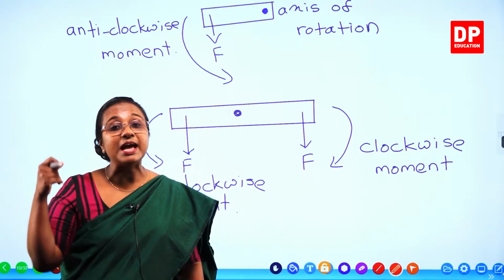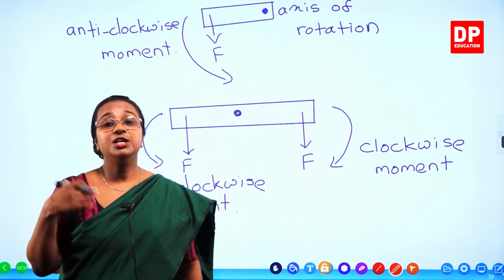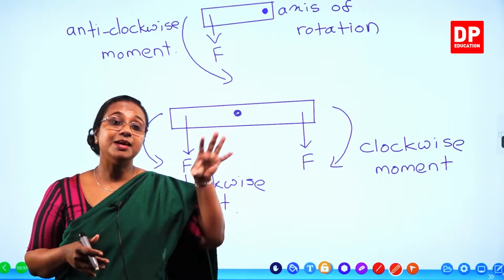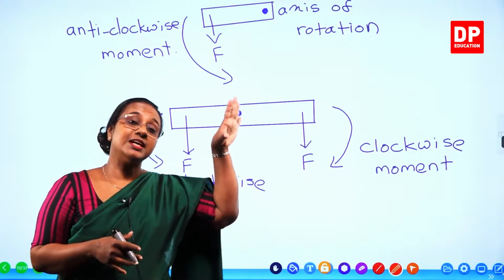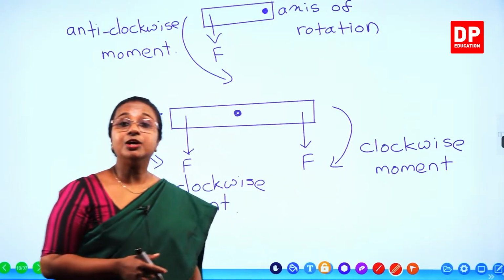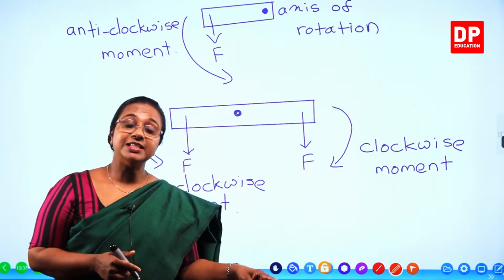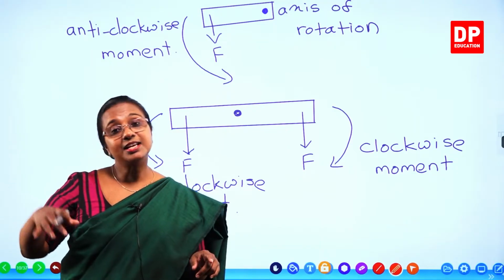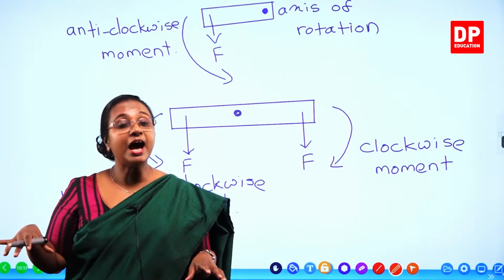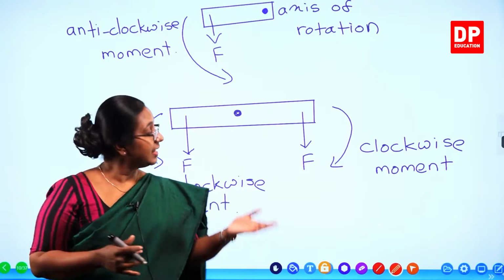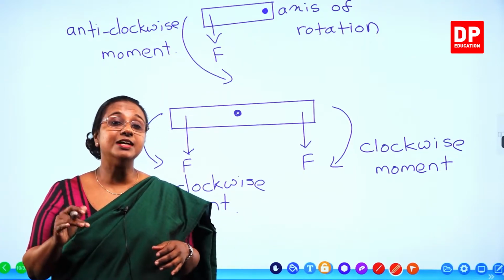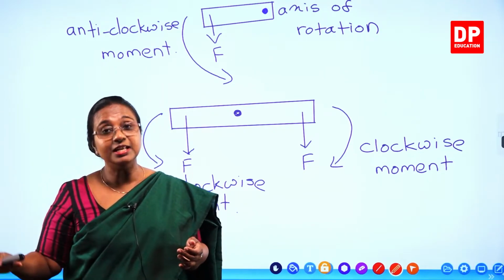Now, if there is a manual balance with a single beam, you have seen in the shops, they hold the balance up and into one pan, they put the weight. Then what happens? The side with the weight will go down. Let's say that is the clockwise movement. Then when they start, let's say we are buying potatoes, putting the potatoes into the other pan, little by little this side goes up and the pan with the substance that we are buying rotates.